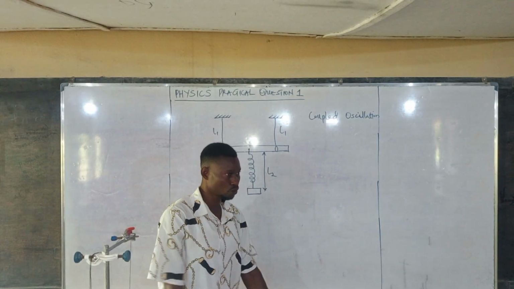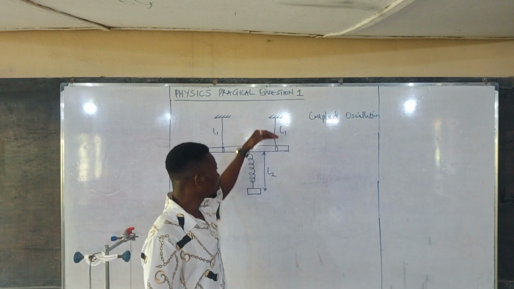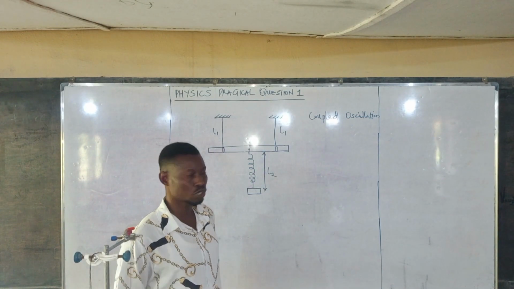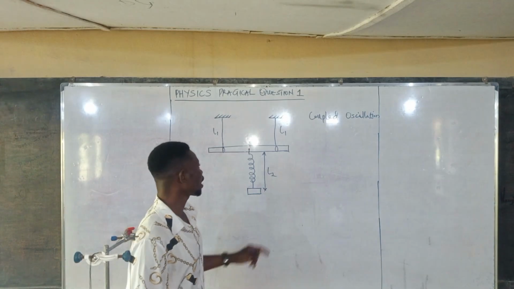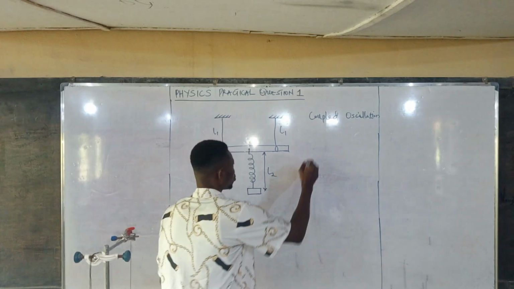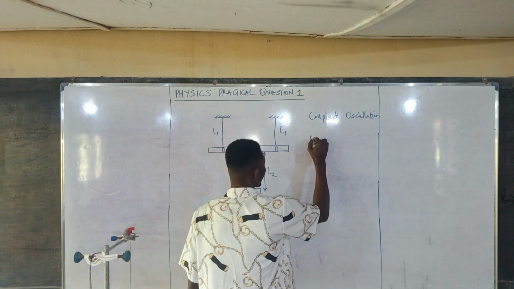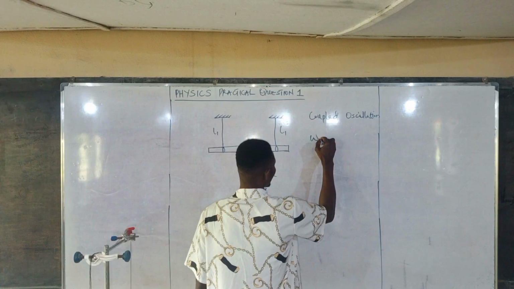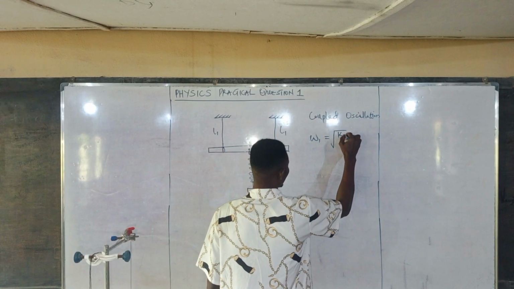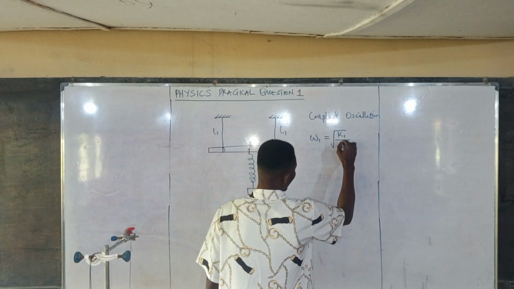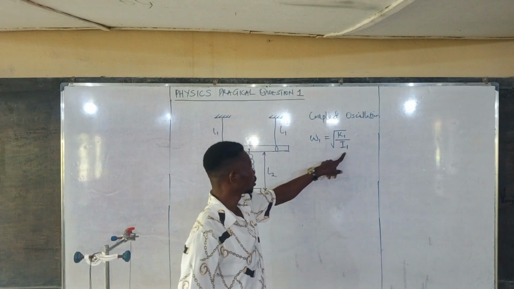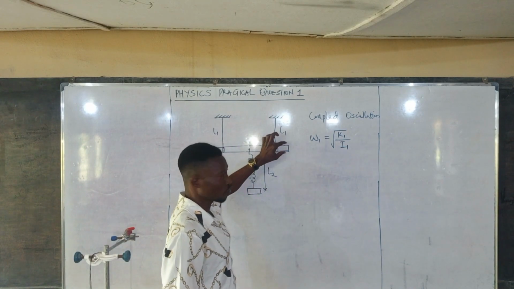Like I said earlier, because they are coupled, it's not going to be just a single mode oscillation. You are going to have a complex oscillation where in one case you will have angular frequency omega 1, which is equal to the square root of k1 over I1, where I1 is the moment of inertia of the first body.